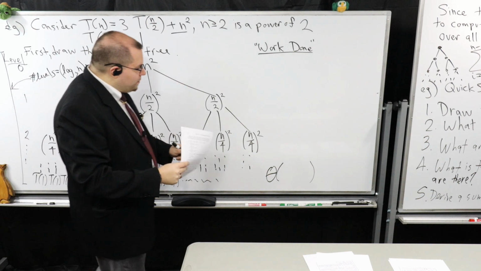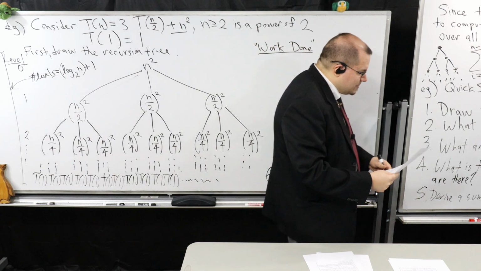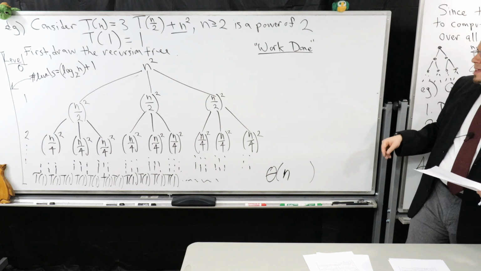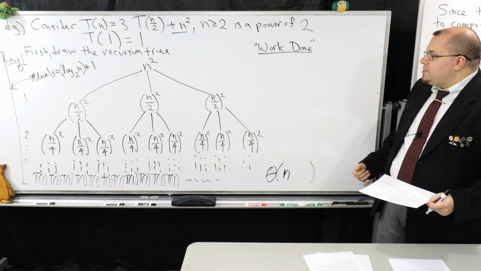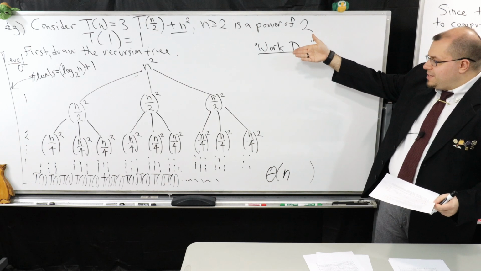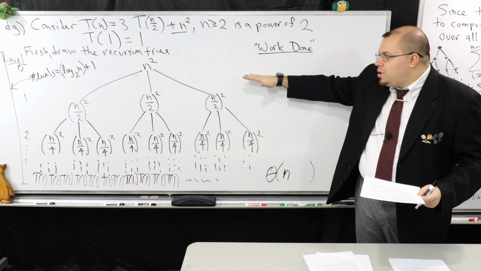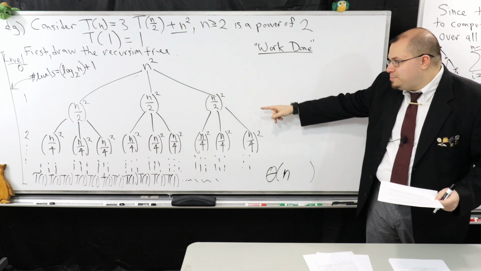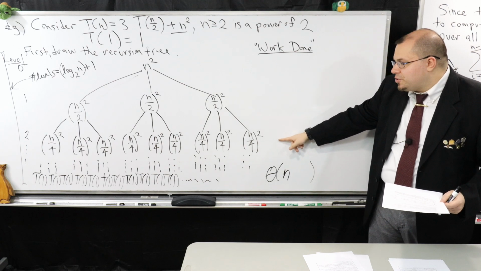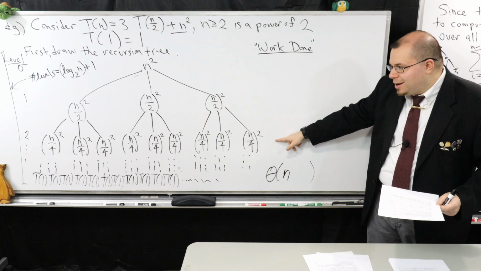It will definitely involve n, but we have to do something with this n. Notice that the number of nodes at each level goes up by a factor of what? We always multiply the previous number by a factor of what?